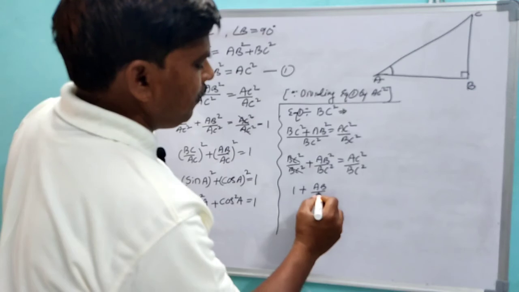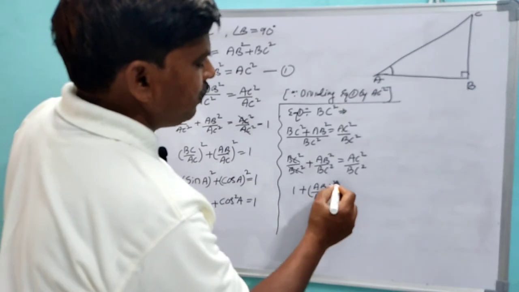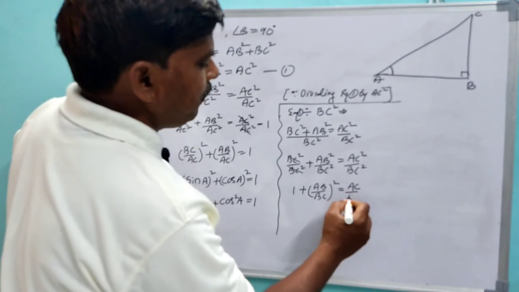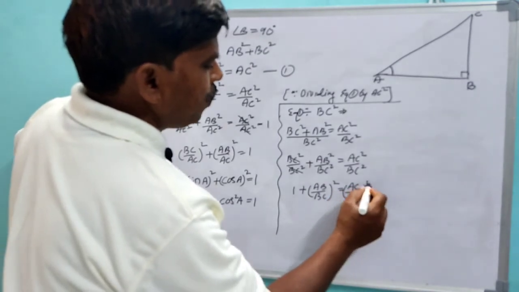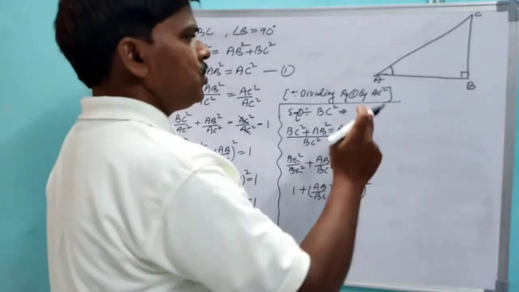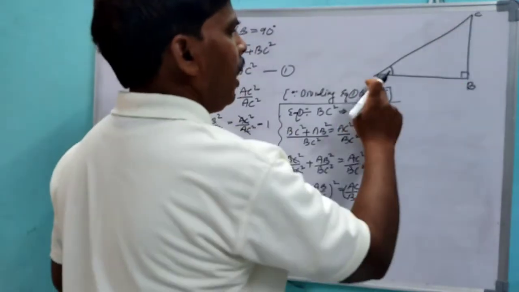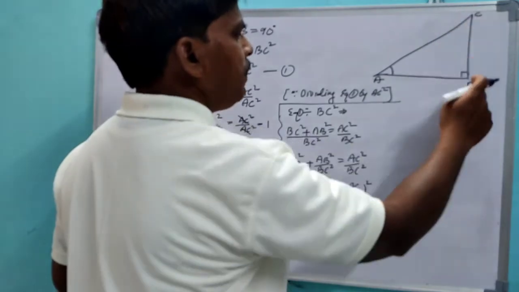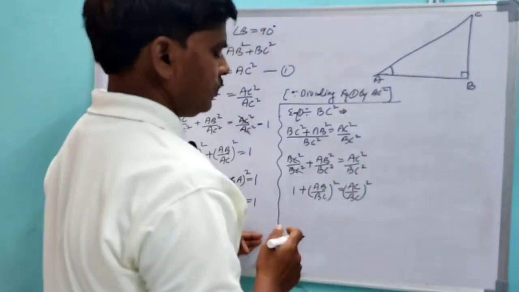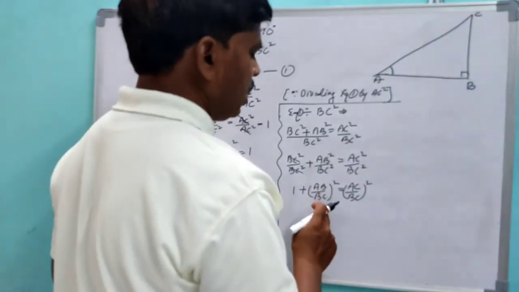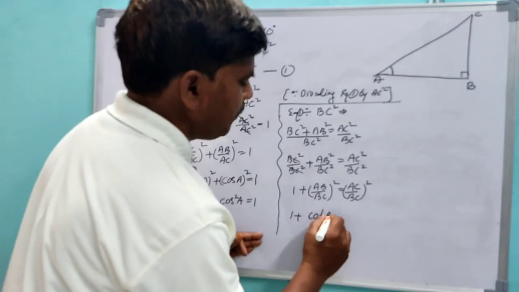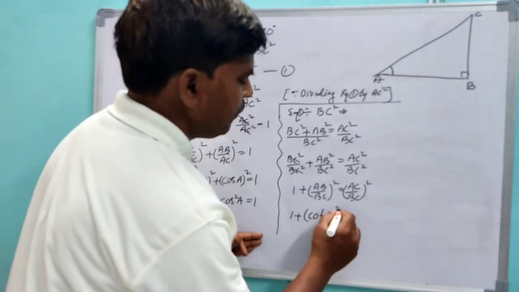AB by BC whole square, and this is AC by BC whole square. Now what is AB by BC? AB by BC is adjacent by opposite. So adjacent by opposite is cot. So 1 plus cot A whole square.